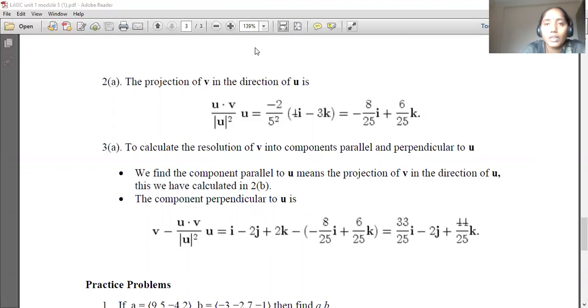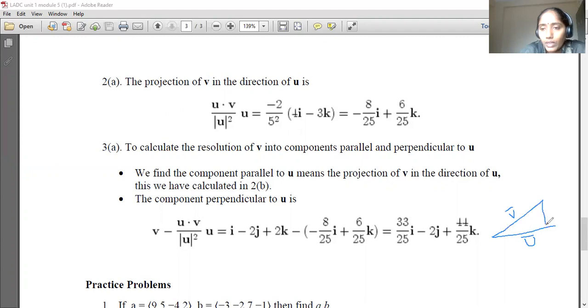So I will explain this geometrically. This is our v bar. This is our u bar. Now we are projecting v bar in the direction of u bar. We are finding the component perpendicular to u, which is nothing but this one.